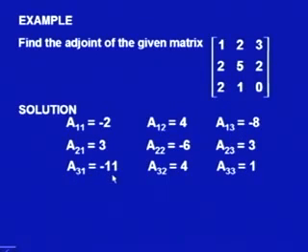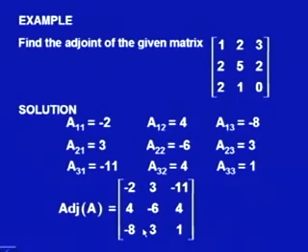Similarly, A31 is minus 11, it is 4 minus 15, so it is minus 11. A32 is 2 minus 6 with a negative sign, so it is 4. A33 is 5 minus 4, comes out to be 1.